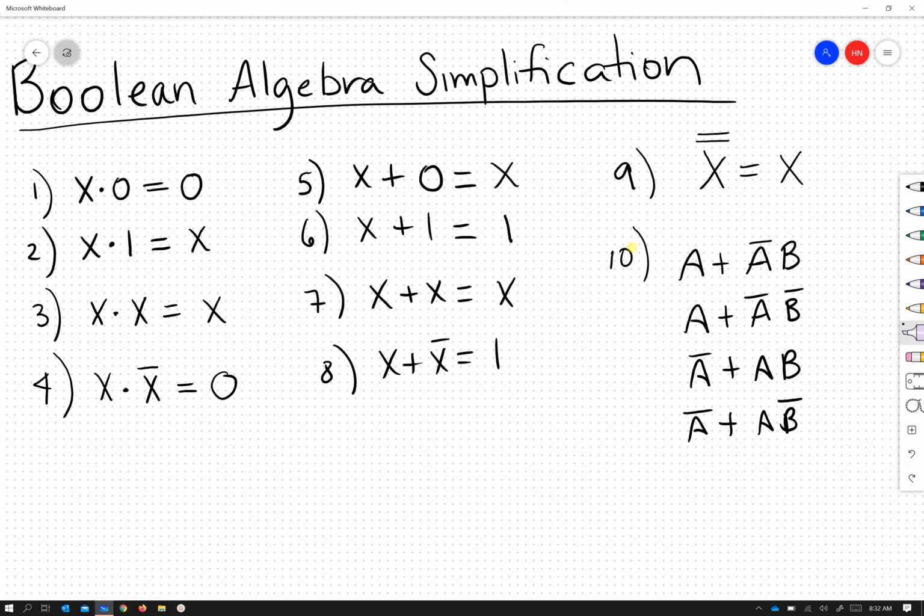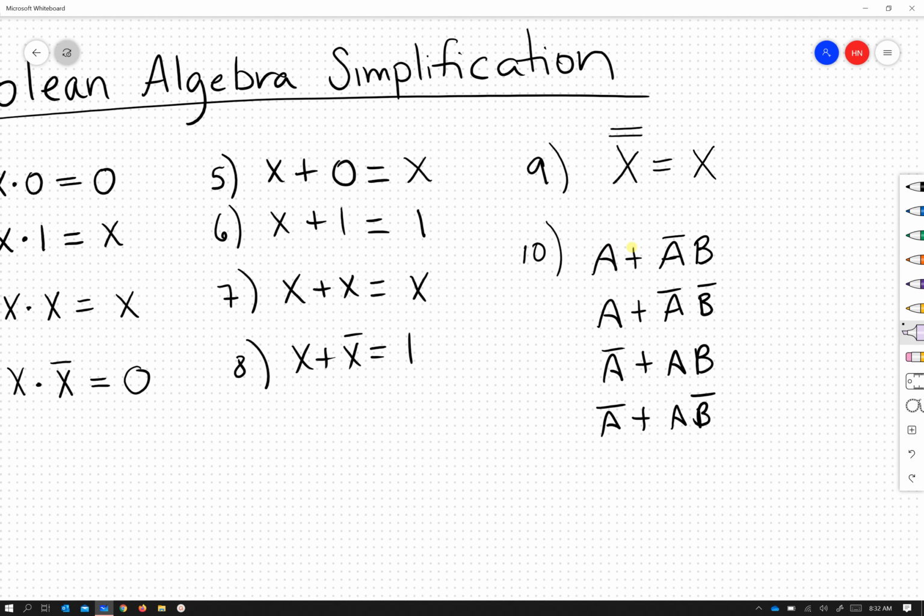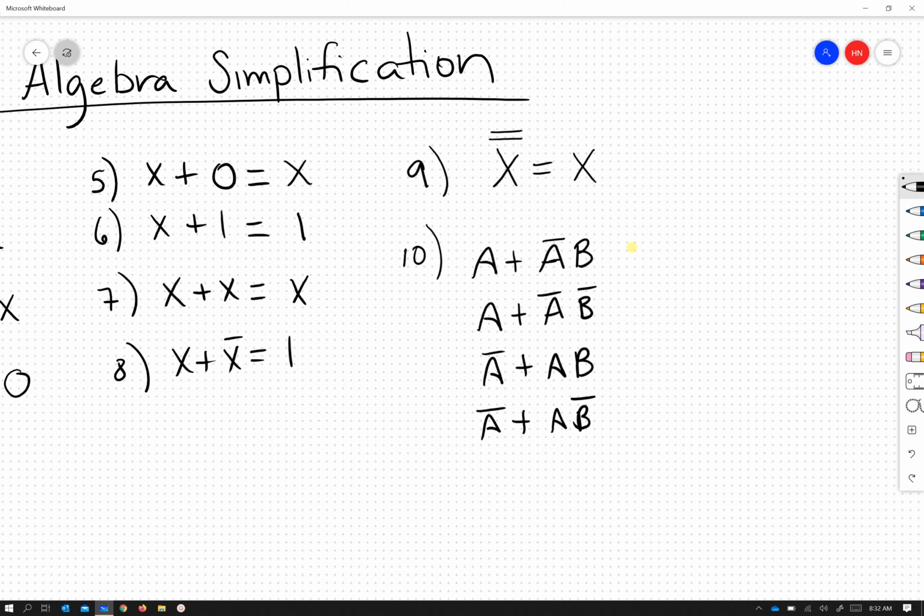So what I'm going to tell you is a little shortcut that I learned from one of my students. These are all called the consensus theorems, like I said. What happens is the variable that's alone stays behind, and the variable that is with something else goes away.